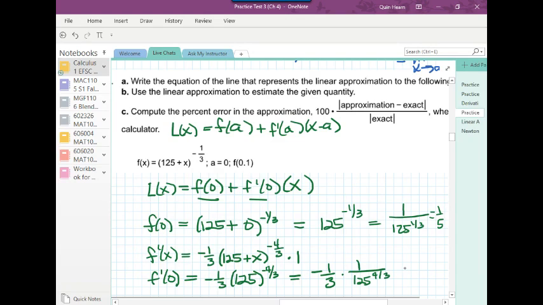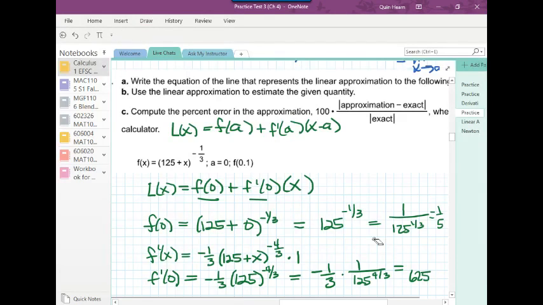F of 0 is going to be 125 to the negative 1/3, before we can find f prime of 0. So I need to take the derivative of f of x. This is going to be a power rule problem. That's going to bring the power out front, negative 1/3 times, keep the base the same, 125 plus x.